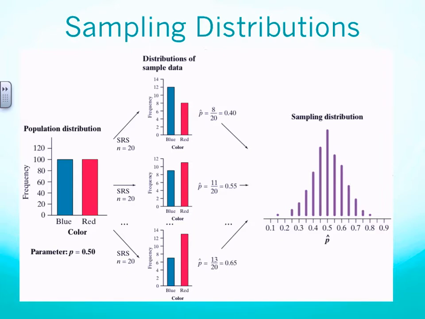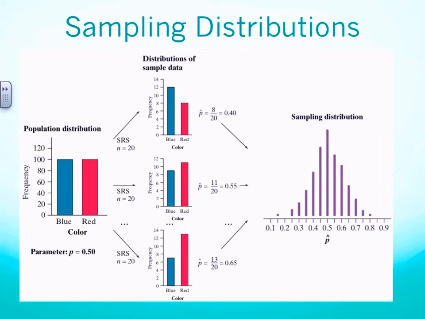So in the first one, we had 8 out of 20 were red, then 11 out of 20, then 13 out of 20. And we take all of our SRSs and we put them together to create our sampling distribution. You can see that a lot of our sampling distributions are looking to be a normal approximation.